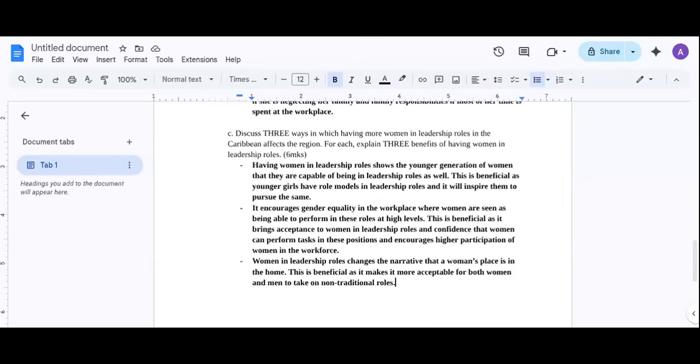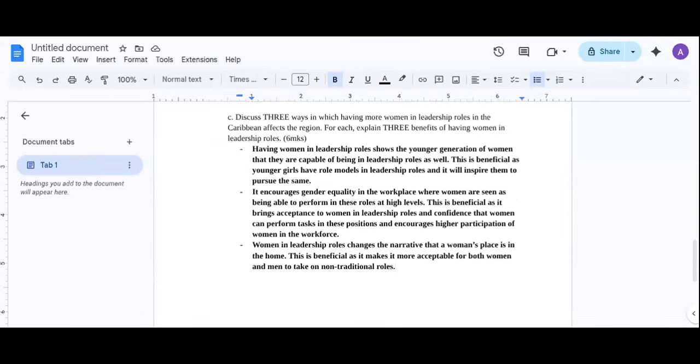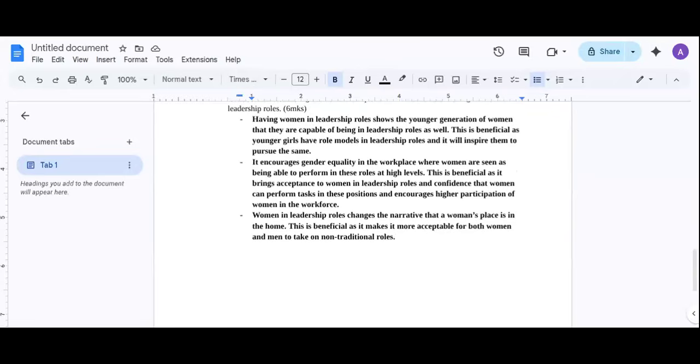Those from Grenada might use their governor general, those from Barbados. And if you are not from any country where you know of any female in leadership roles, you can use those same examples as well. So you can say, for example, the Prime Minister of Barbados, Mia Mottley.